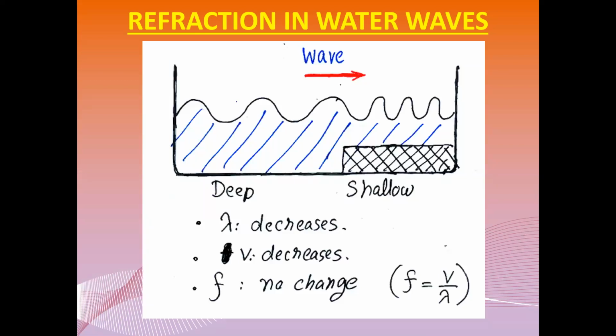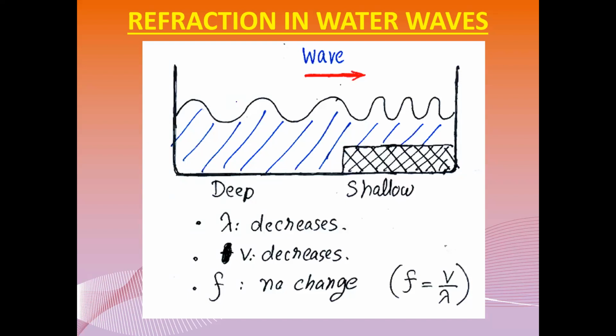This is a ripple tank, and I have made it shallow on one side by putting a block here. Water waves are moving from left to right, and you can see the waves are getting closer. So lambda is decreasing, velocity is decreasing, and frequency does not change. This is called refraction.